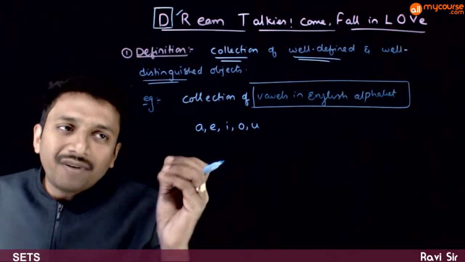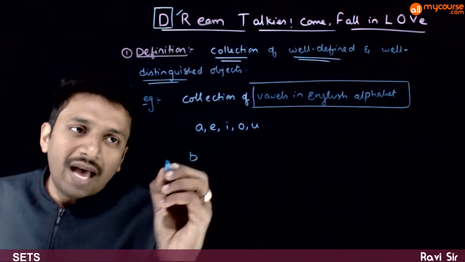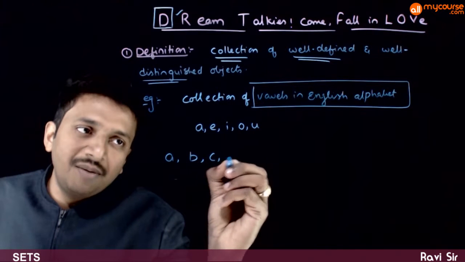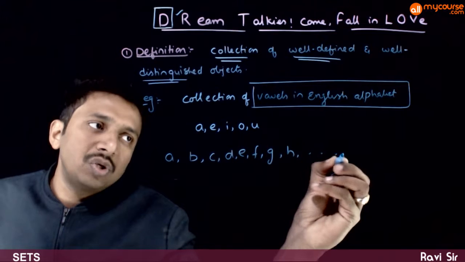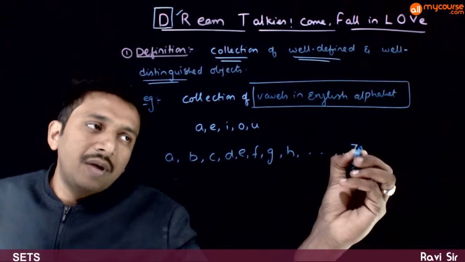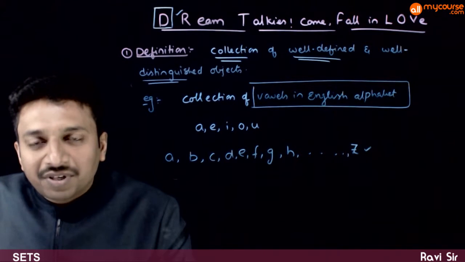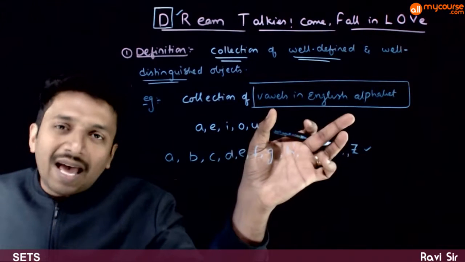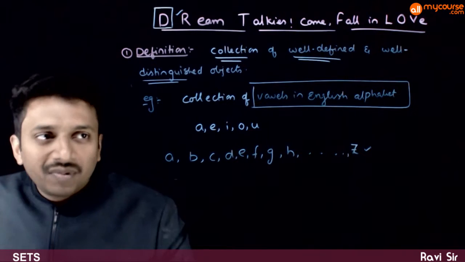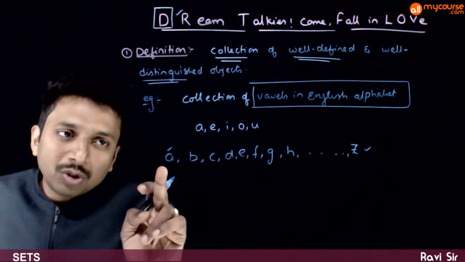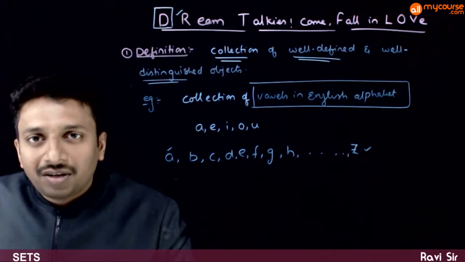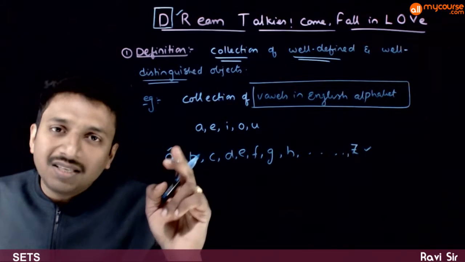Yes, because if I take an object B, so you have a lot of English alphabets, A, B, C, D, E, F, G, H, and so on, up to Z. You have 26 English alphabets. Now, once I have given this description for this set, you should be very clear whether, if you take an object A, does A belong to this collection or not? The answer is yes, because A is a vowel.